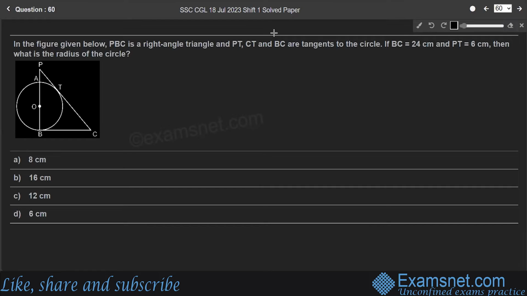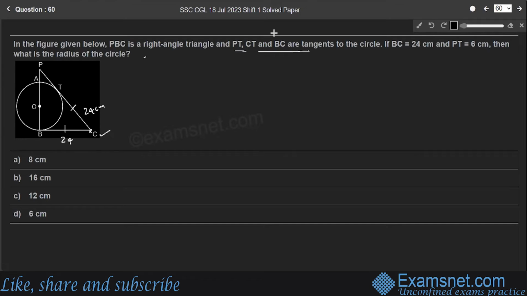First find the value of PB, right? So here BC, CT and PT are tangents. So these three are tangents. And tangents BC and CT are drawn from the single point, which is C. Therefore, these two tangents are equal in their measures. Since BC is 24 centimeter, CT is also 24 centimeter, right?